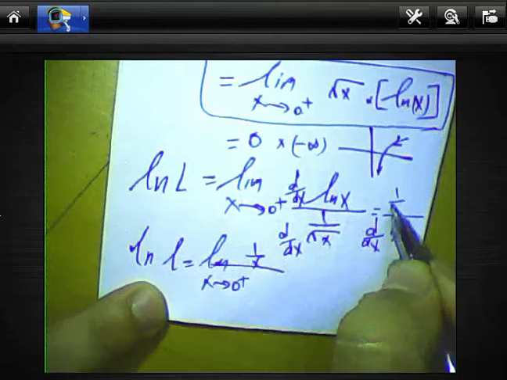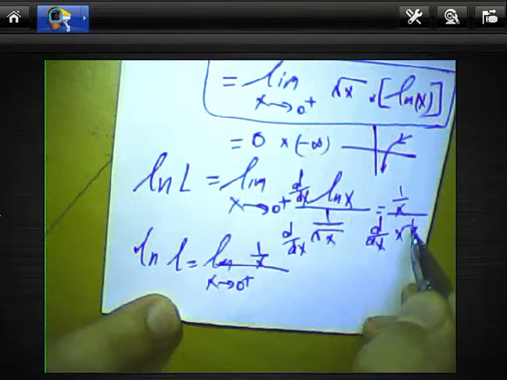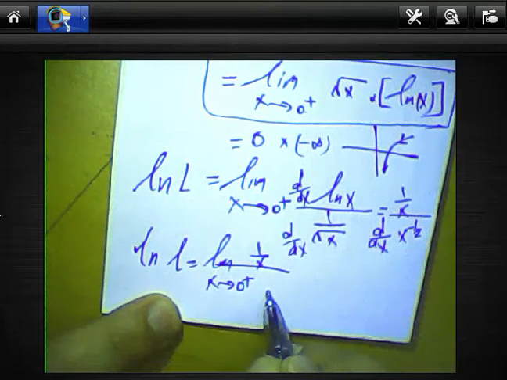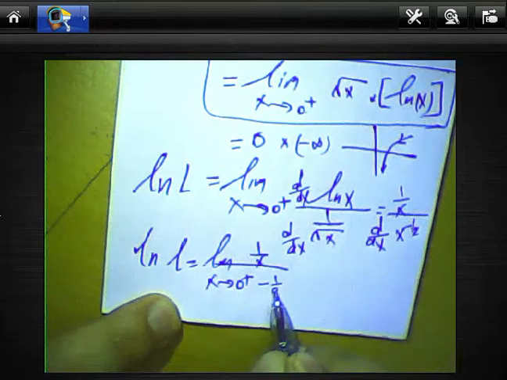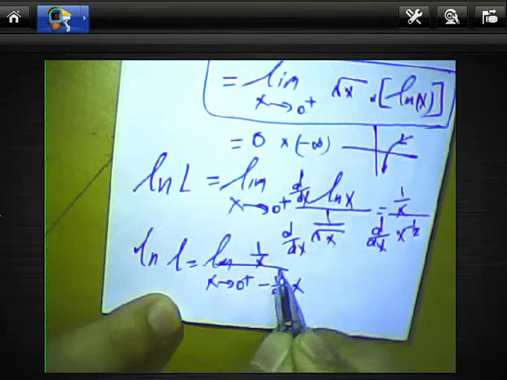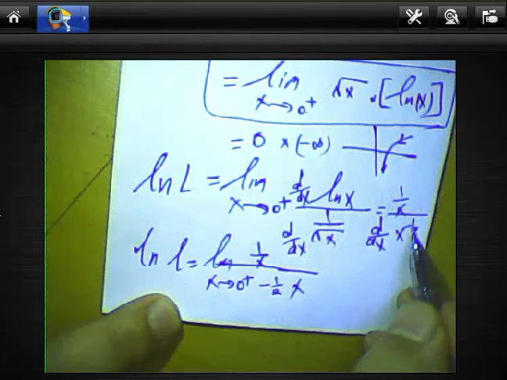We want to find the derivative of x to the power negative half. We must drop the power outside. The result will be negative half, and then we subtract 1 from negative half, which equals negative 3 over 2.